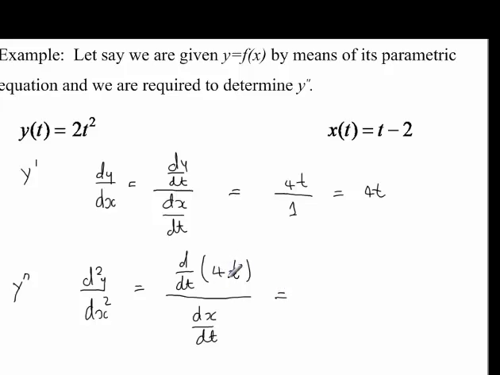Now differentiating here, we get a 4, and dx/dt we have as 1, and this is going to simplify to 4. So if we're dealing with distance-time functions, this will be the expression for velocity, and this will be acceleration.